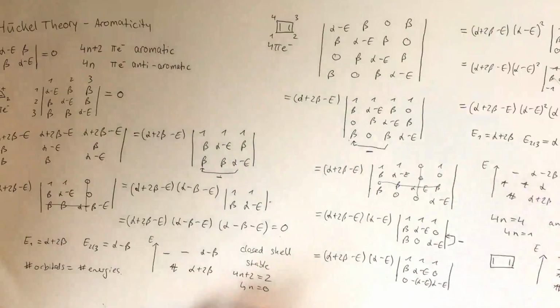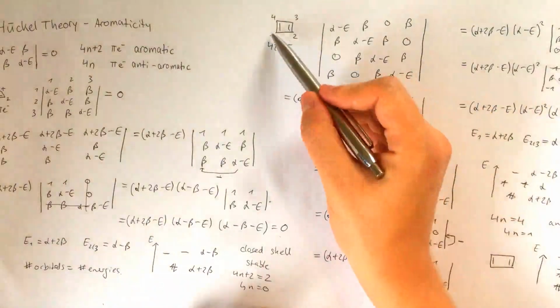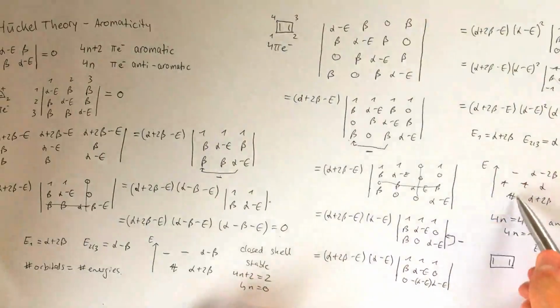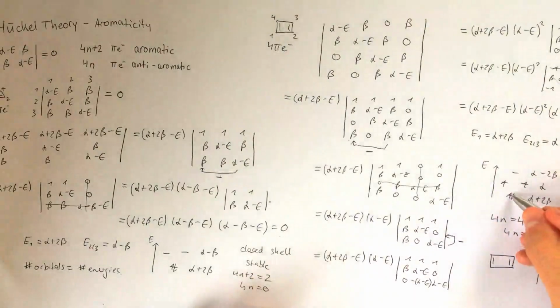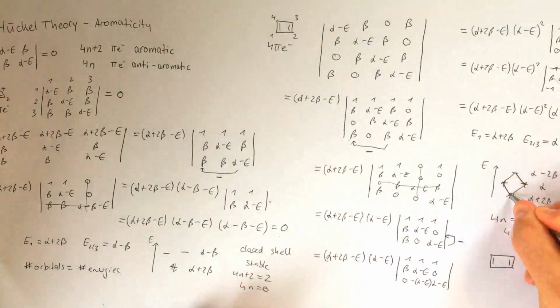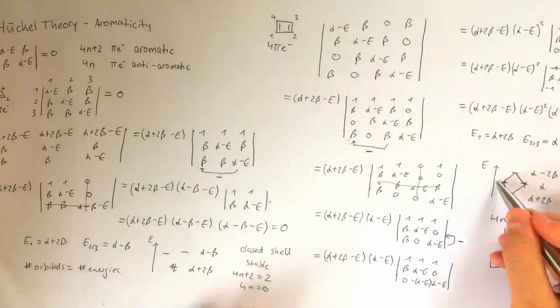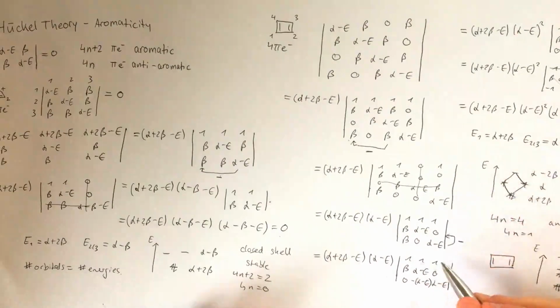We can draw the energy diagram by putting one of the corners on the lower end and then just completing the shape, as I will show here, and then drawing energies at each of the corners.